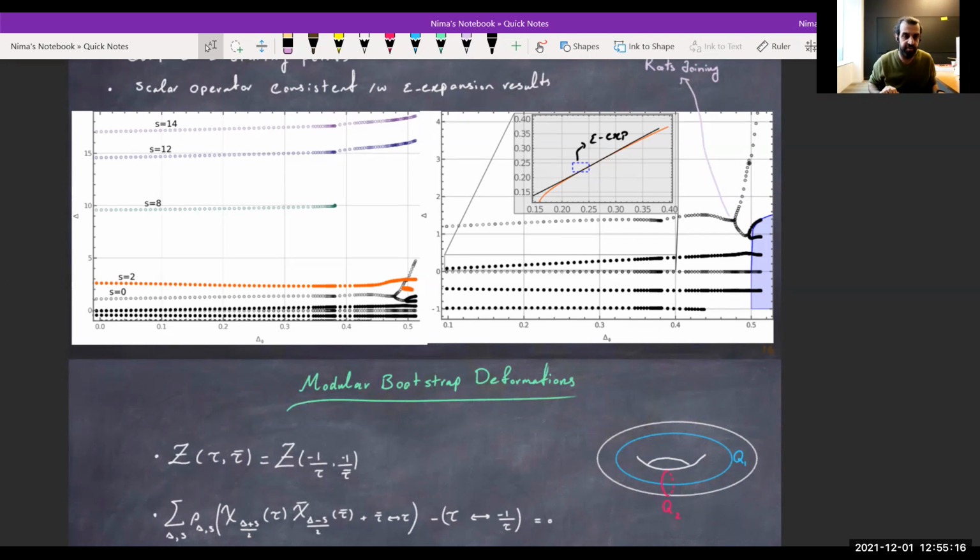If your goal in life is to map out some island region, instead of laying down a grid and seeing whether each region in the grid is allowed or disallowed, what I'm advocating is that maybe you should try to find the beach of the island, find the boundary, find the extremal solution, and then deform along that, because that's a much faster thing to do.